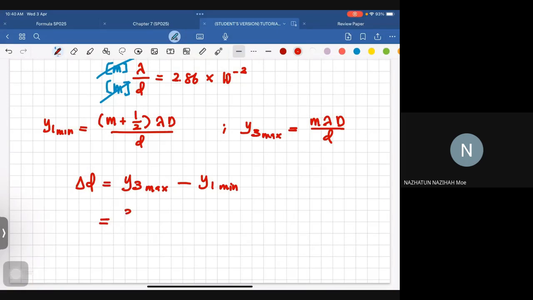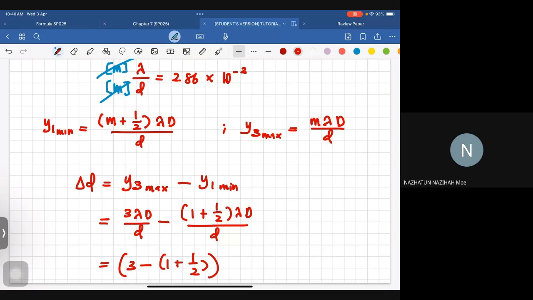So this is 3 lambda d, 1 plus half lambda, and then this one is dia kasih factorize out the one yang sama lah. Tapi kamu dapat ikut cara ni, ikut cara yang macam mana kamu mau solve.